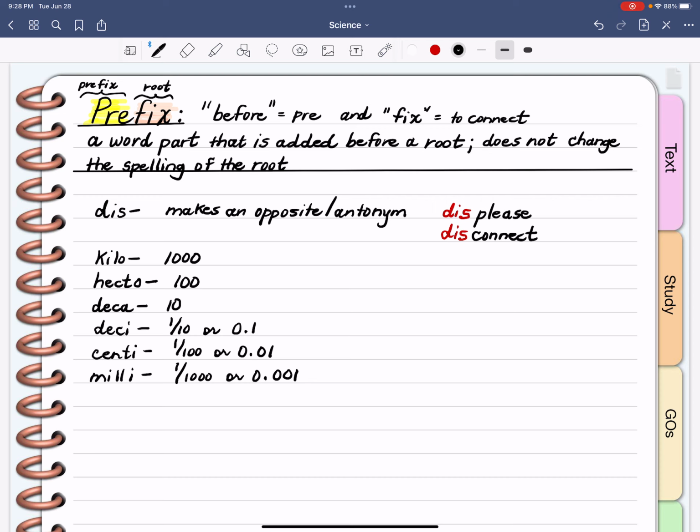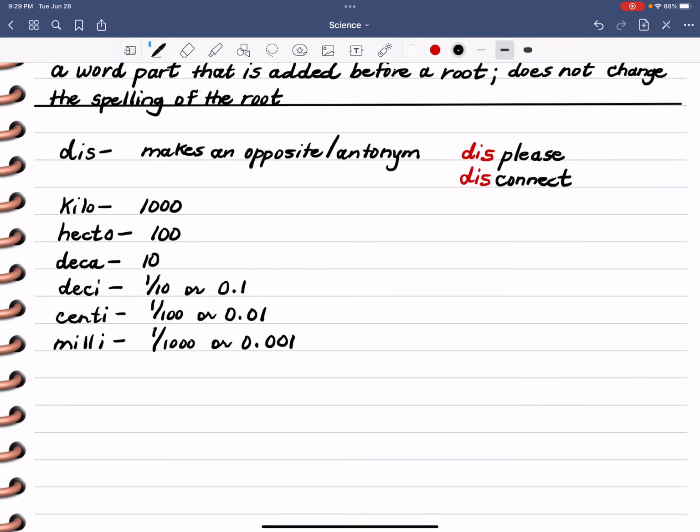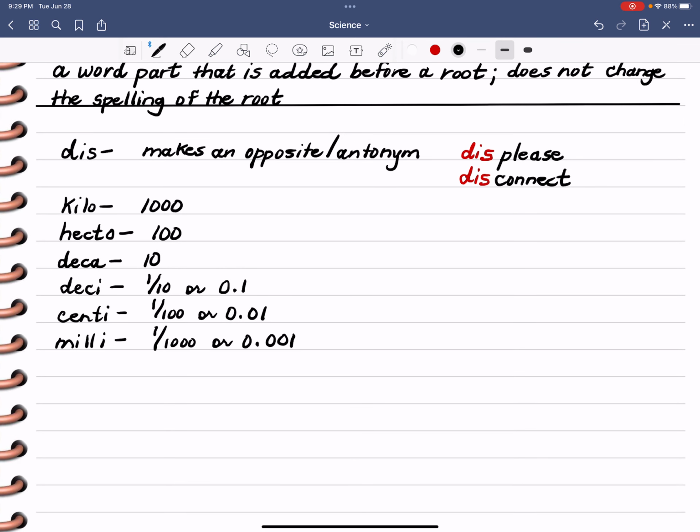Let's just do an example for all of these. So for kilo, which means 1,000, let's do kilogram. A kilogram is equal to 1,000 grams.